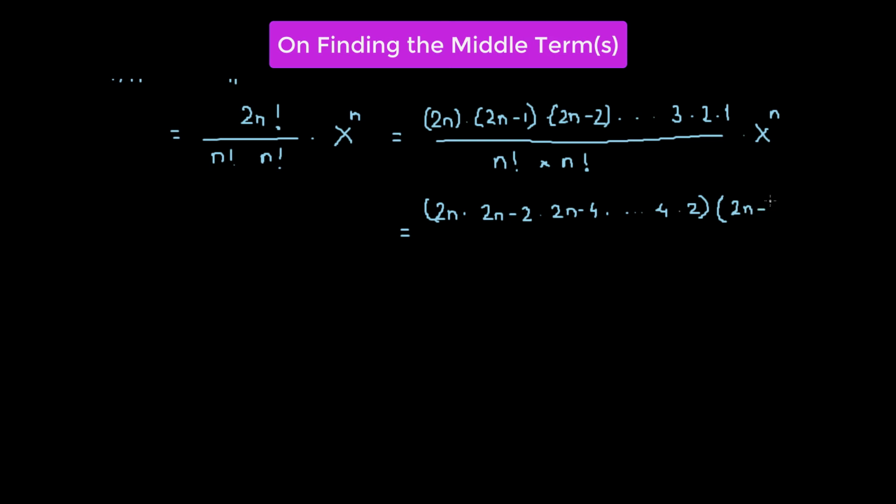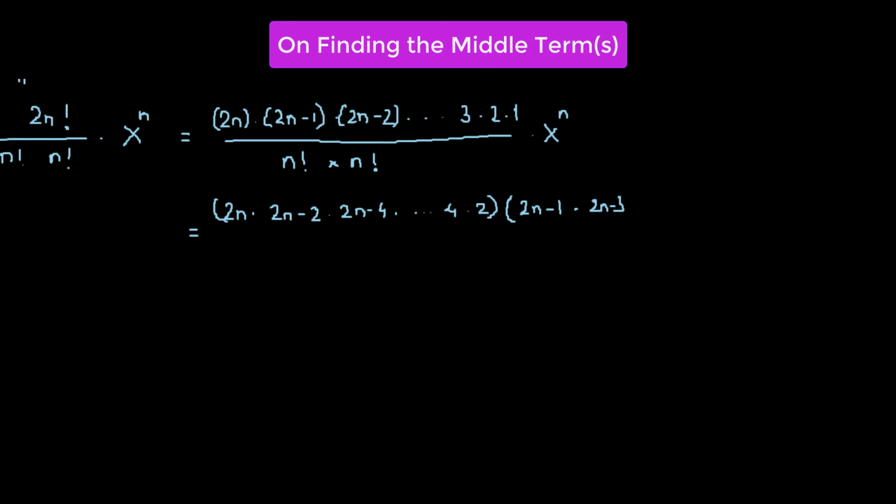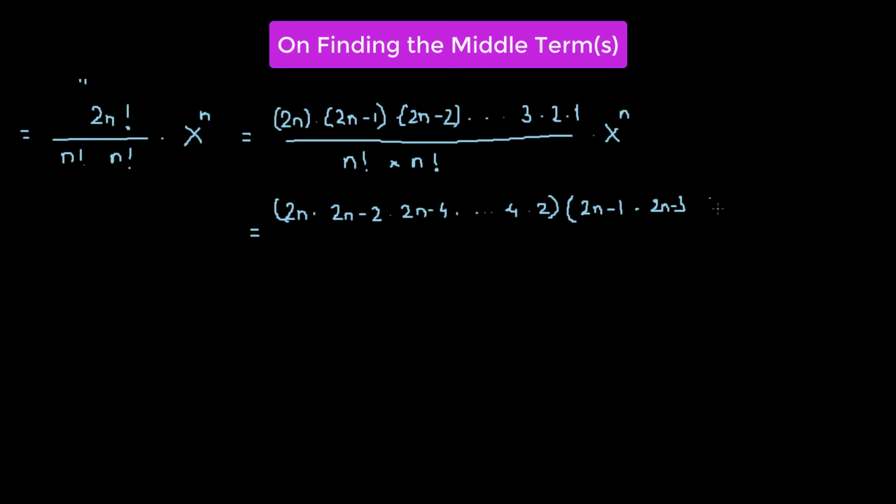So the first odd term is 2n minus 1 times 2n minus 3, up to 3 times 1, divided by n factorial times n factorial. The whole thing is multiplied by x raised to the power of n.